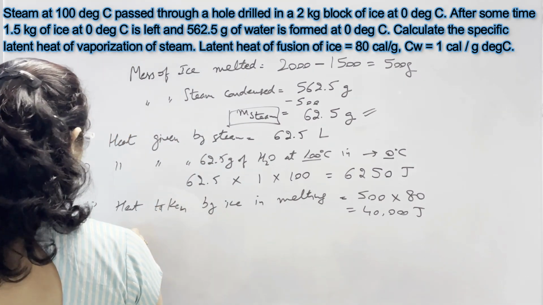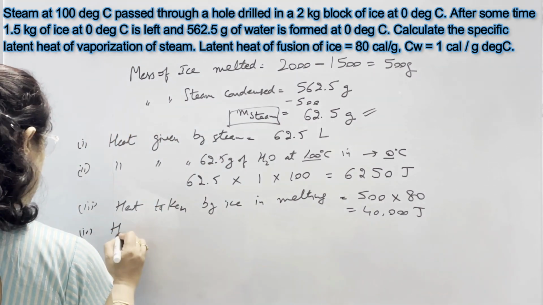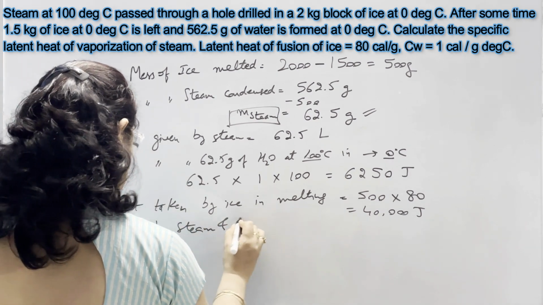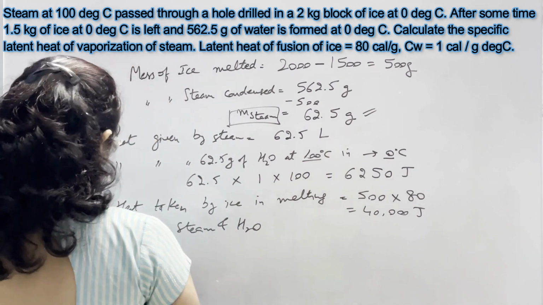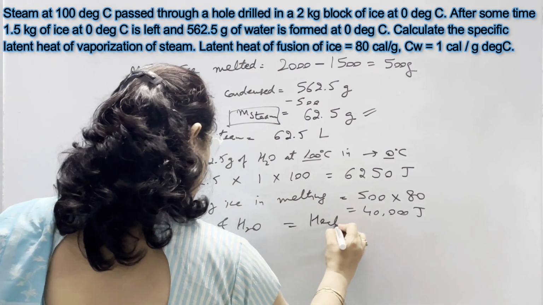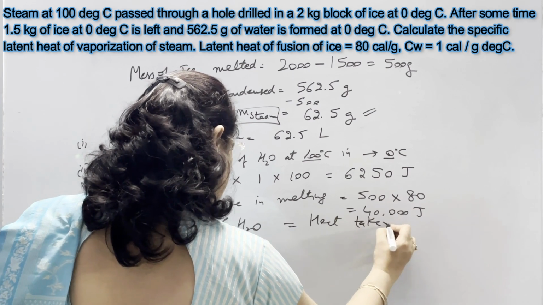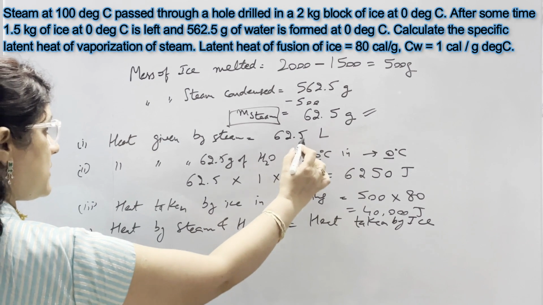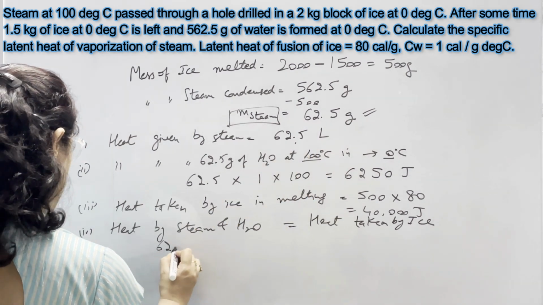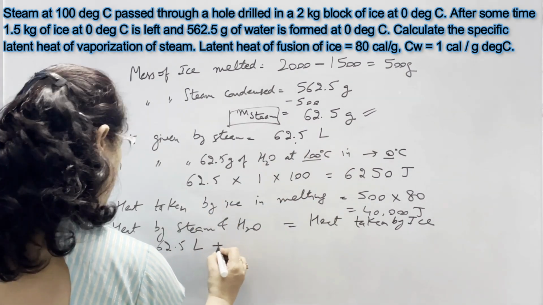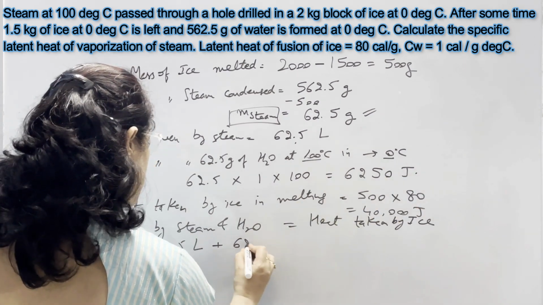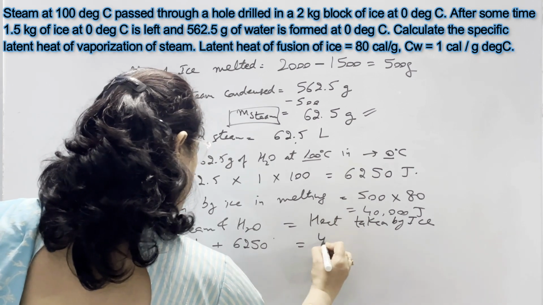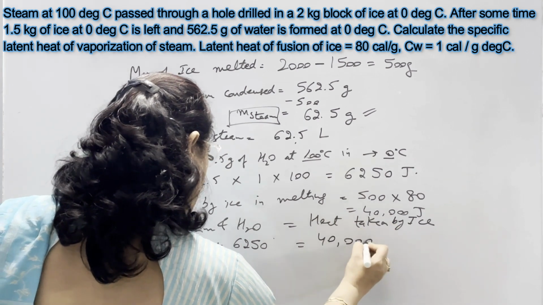Now heat given by steam and water both is equal to heat taken by ice. So heat given by steam is, first is 62.5 L, and then second is this much 6250 joule, and it is equal to heat taken by ice is 40,000.